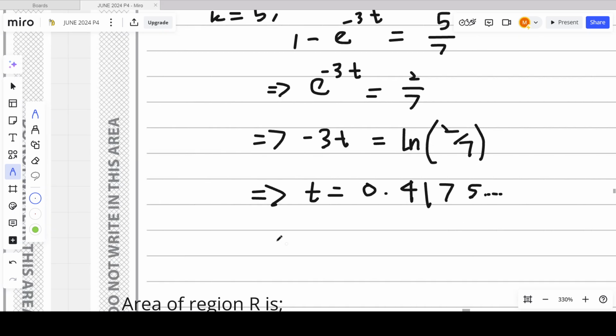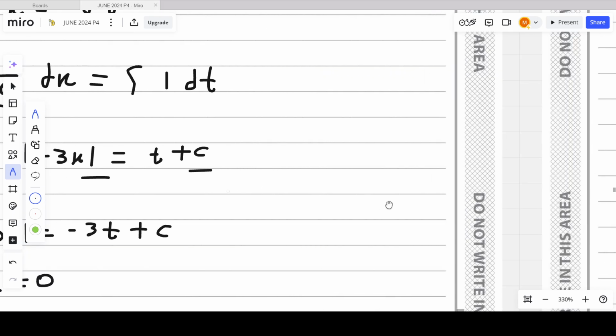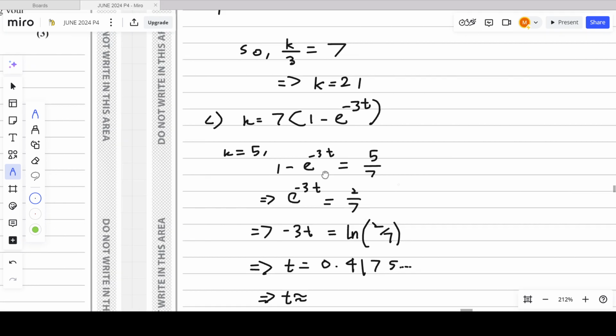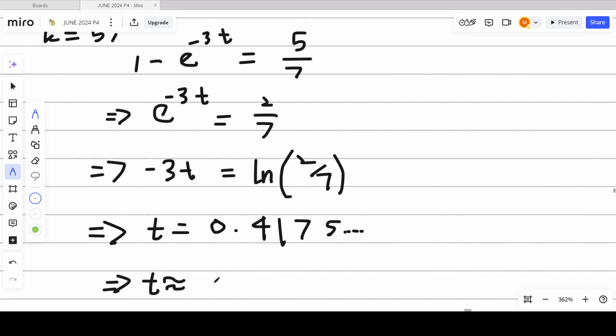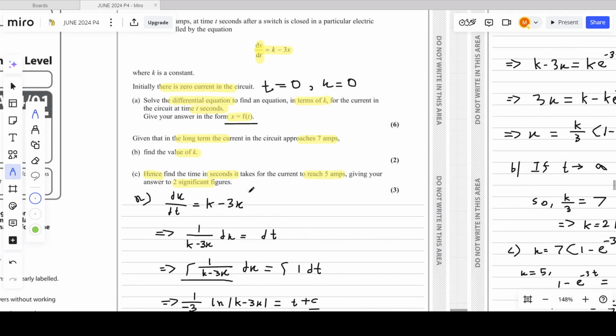We can round it to 2 significant figures, as they wanted, which would be 0.42 seconds. And that's basically the answer to part C, and that's the end of question number 7 of the June 2024 P4 paper. Fine.